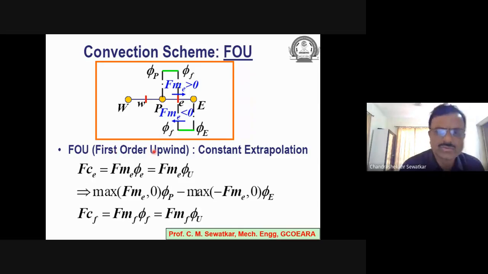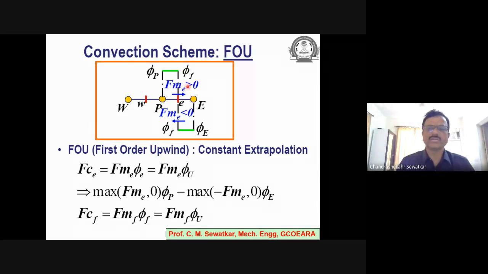For example, here I'm sharing with you the implementation of the FOU convection scheme, that is first order upwind convection scheme. My expression is convection flux is equal to FME phi E. This phi E is always equal to phi u for first order convection scheme. Now, when my flow is occurring in positive x direction, my phi P is phi u. When it is occurring in negative x direction, my phi capital E is phi u.